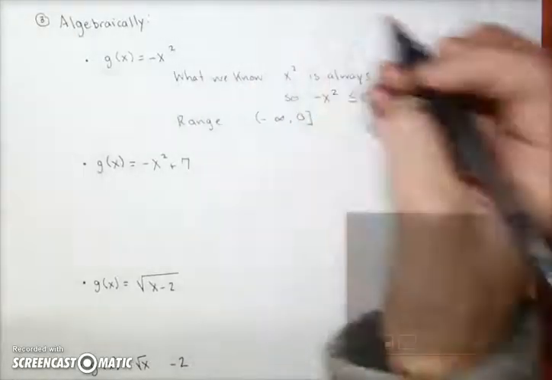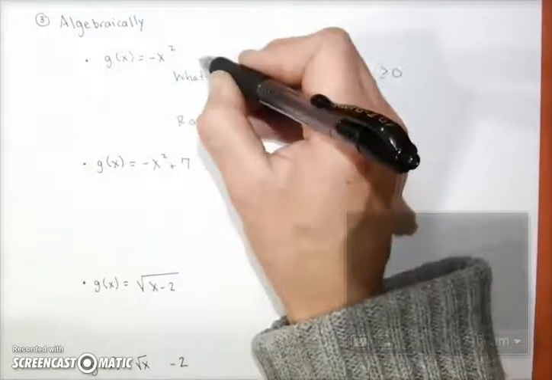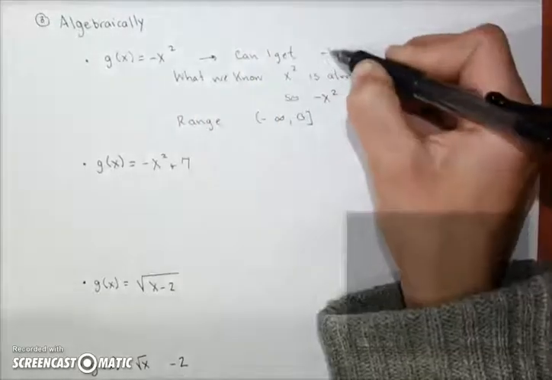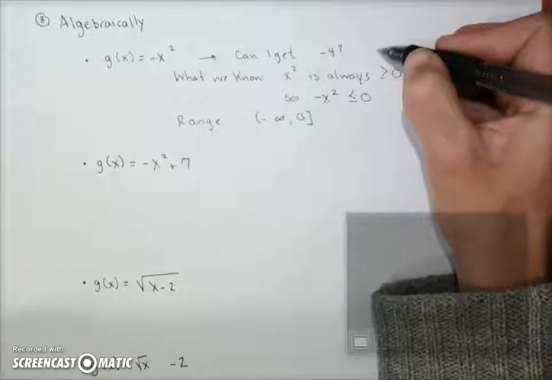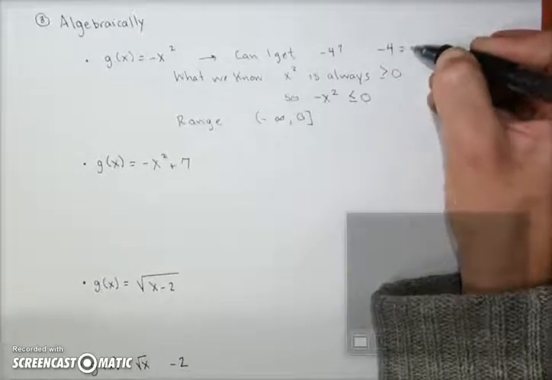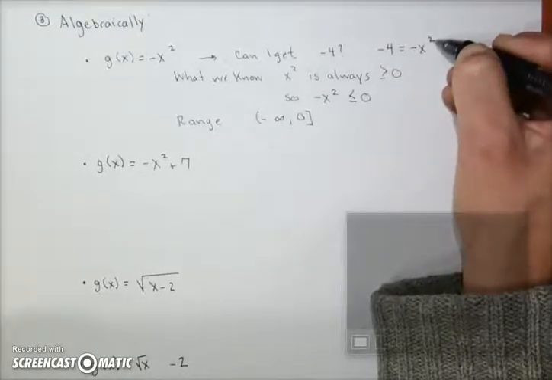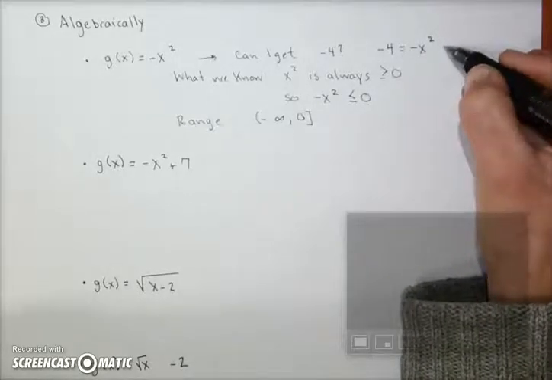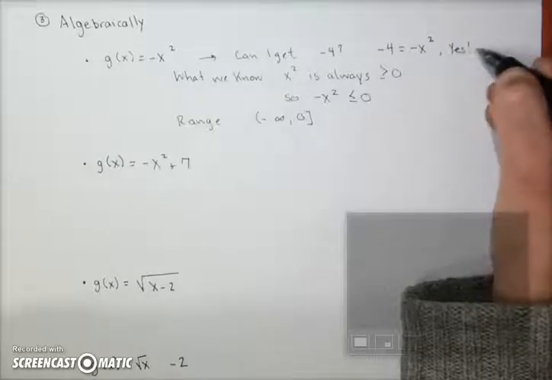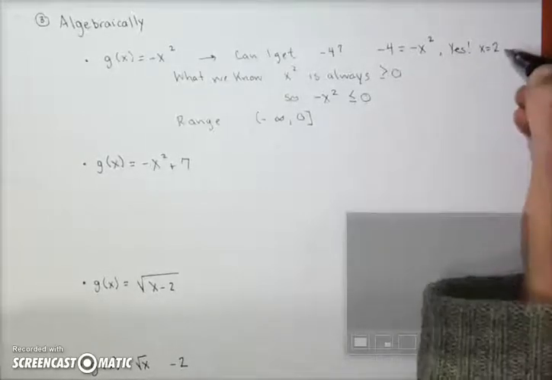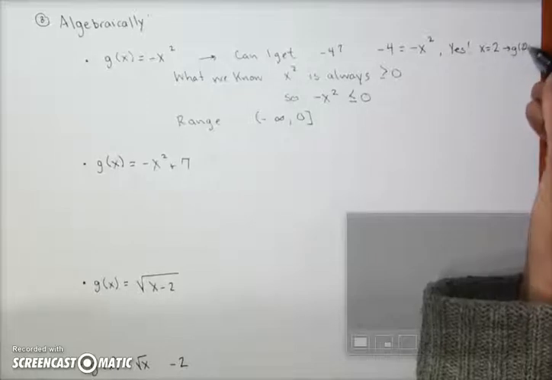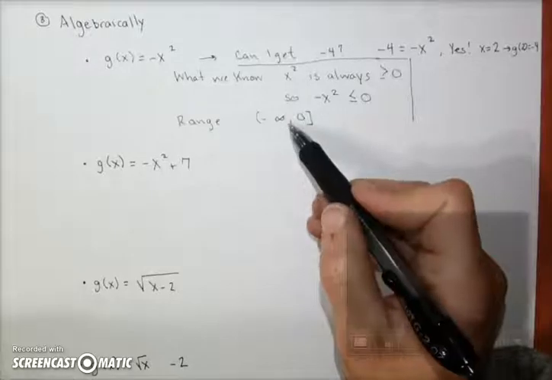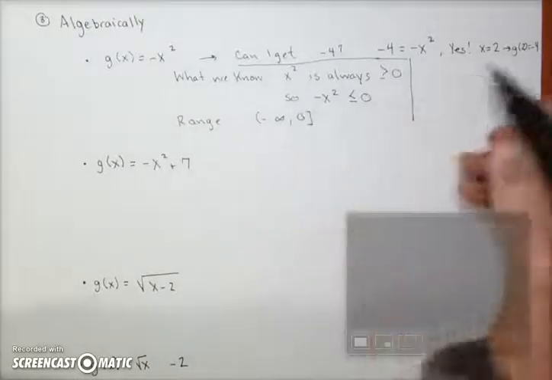Another way that you can think about this is, say I wanted to try to get -4. So can I get -4? Then my output would be -4, and I have to figure out which input gives it to me. And that works. I could plug in 2. Yes, x equals 2 means g of 2 equals -4. That's what we'd expect because we said that all the negative numbers are in our range.